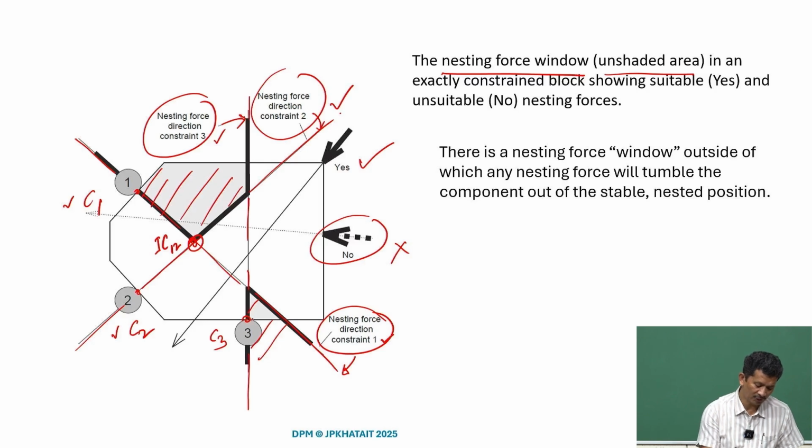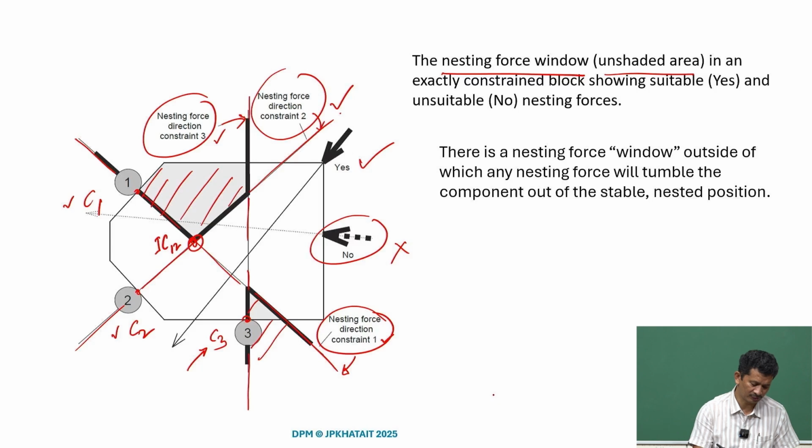So if we want to have contact with post 3, or want to make contact C3, then for any nesting force we are applying, the moment at IC 1, 2 should be such that it will try to make positive contact with post 3.